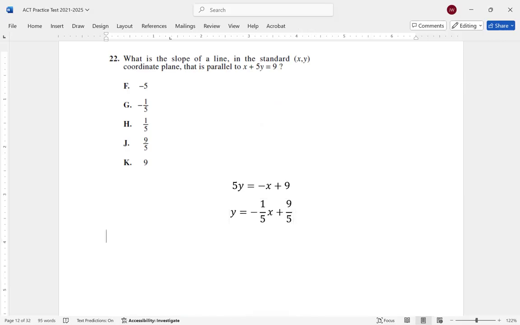Now the slope of that line is the coefficient of x, which is negative 1/5. We know that parallel lines have the same slope, so we want our slope to also be negative 1/5. And so G, negative 1/5, is the answer to question 22.